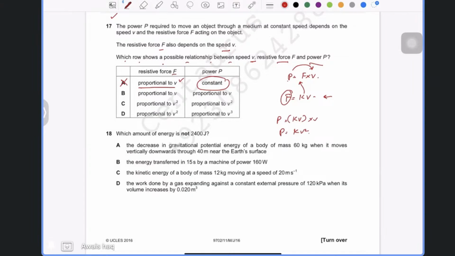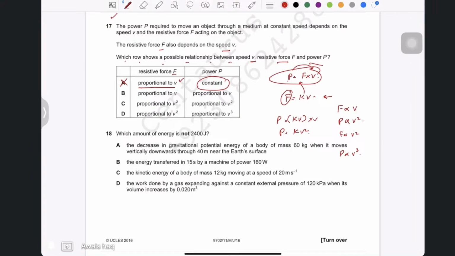You see, if force is related to v, then power should be related to v squared. Do you get my point? That's how it works, in my opinion. Now, if force was related to v raised to power 2, power would be related to power 3, because every time you put v squared into this equation, you get another higher power of velocity.